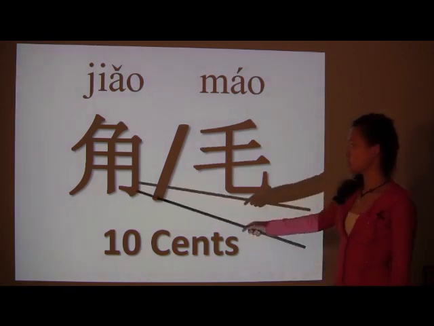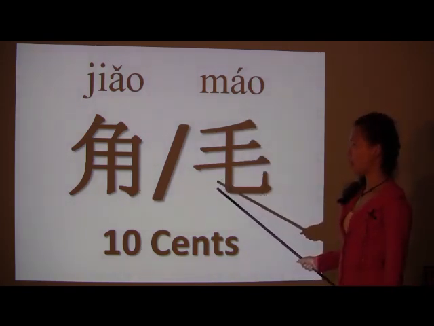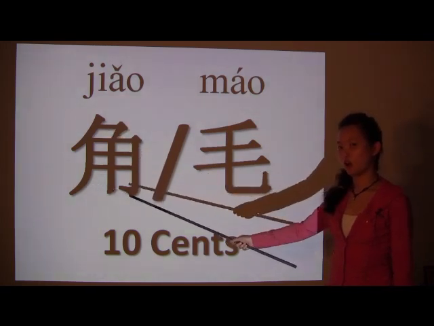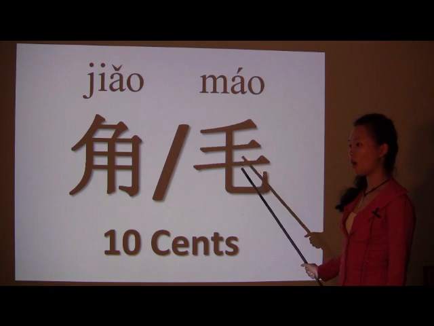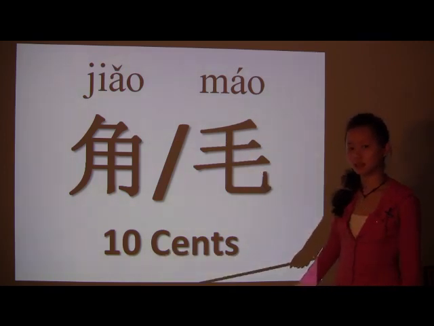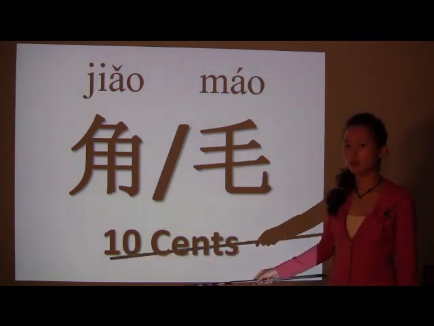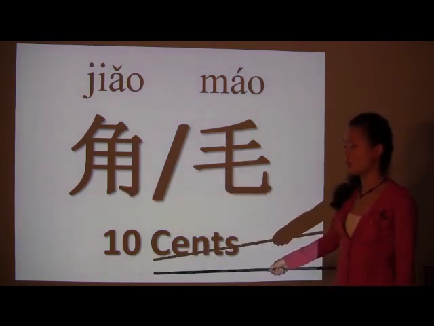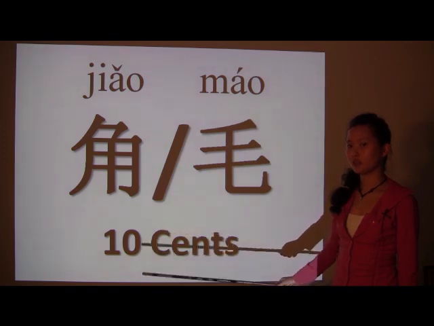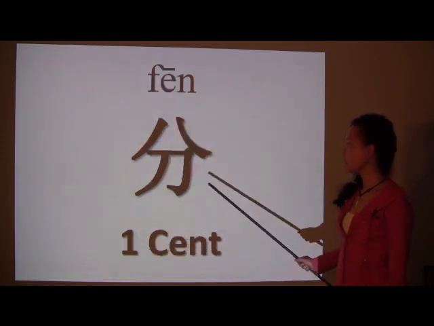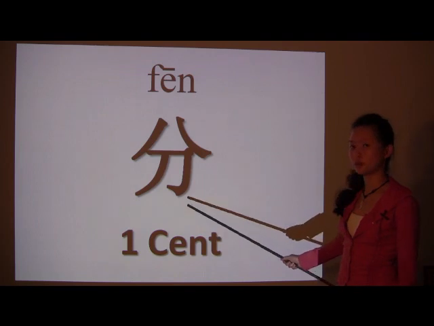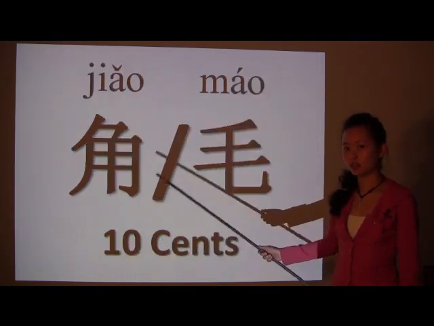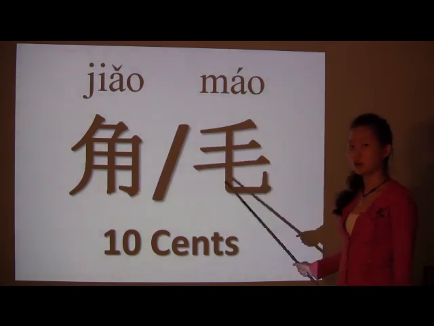You use 角 or 毛. 1角 or 1毛 is 10 cents. When you change the number in front of 角 or 毛, you're going up by tens. So for 分, you only use the numbers 1 through 9, because when you hit 10, then you get 角 or 毛.